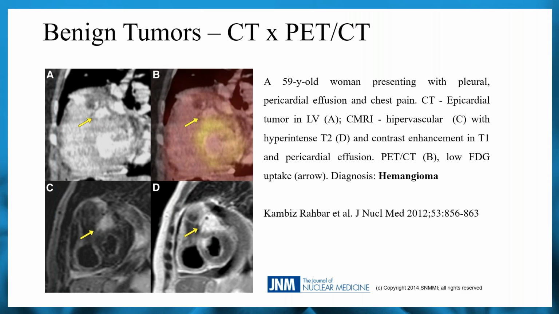It presented contrast enhancement and a hypervascular pattern on T2, and with the pericardial effusion, it was doubted whether it was a malignant mass or not. So they went on to the PET-CT, and it showed no FDG uptake here in image B. And later, the diagnosis by biopsy confirmed a benign condition, hemangioma.